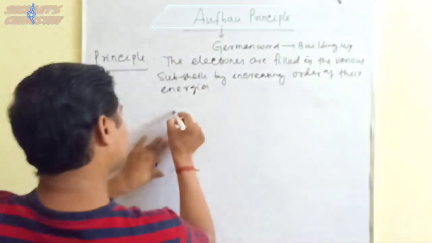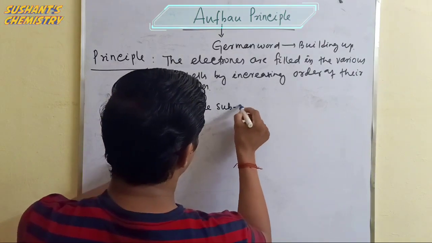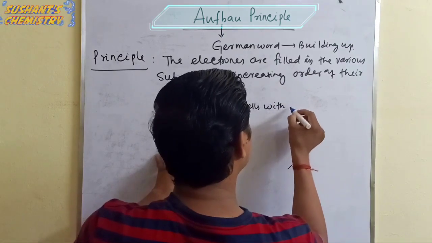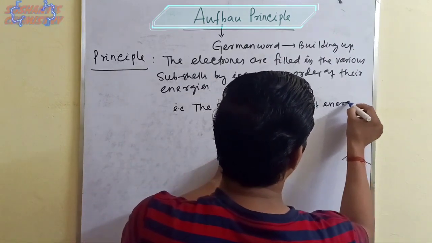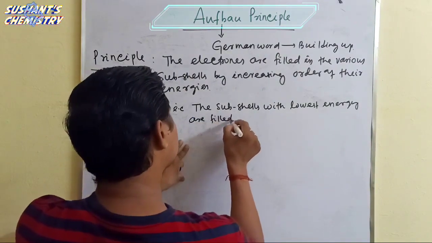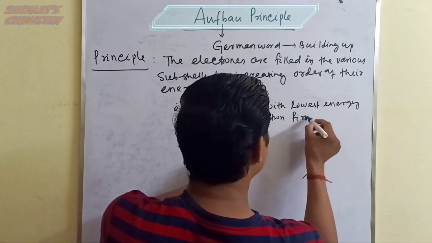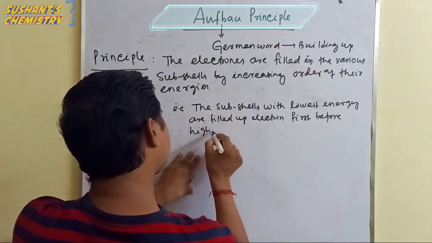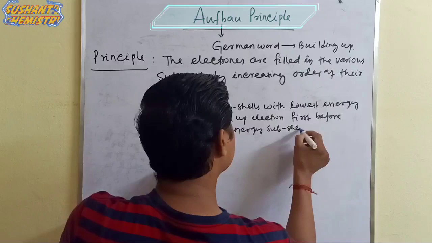That means the subshells with lowest energy are filled with electrons first before higher energy subshells.